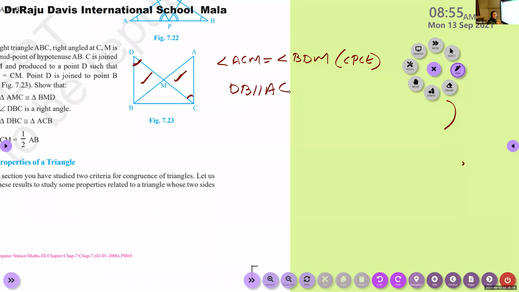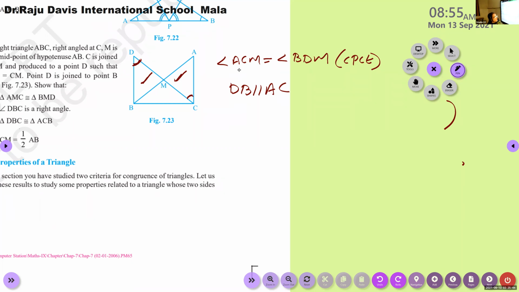First of all, we can't assume they are alternate interior angles just because they are equal, because it is not given that AB and AC are parallel. We have to prove that. So by CPCT, we can say they are equal, and they are alternate interior angles also. So by the converse, since alternate interior angles are equal, we can say DB parallel to AC.